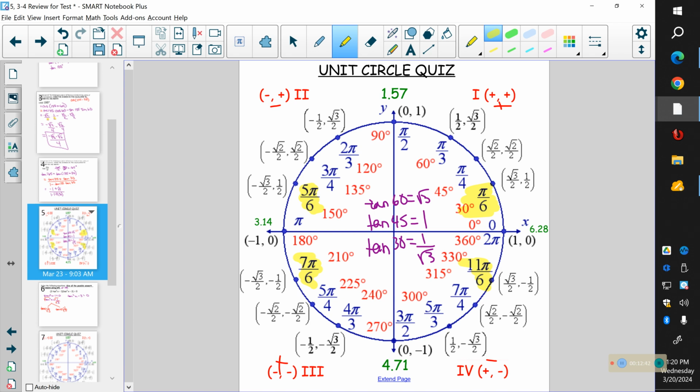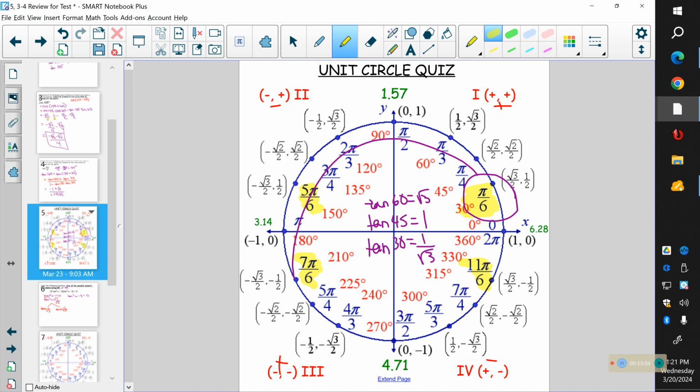But here's the deal. If I am at pi over 6, and I add pi units to that, where does... All right, so if I'm at pi over 6 and I add pi units to it, that's a semicircle. Do you see where that's going to land me? At 7 pi over 6.